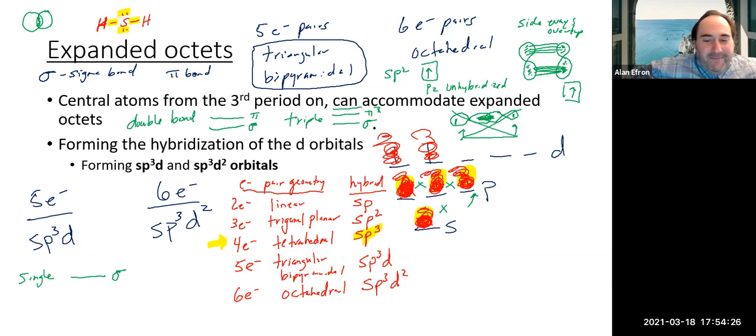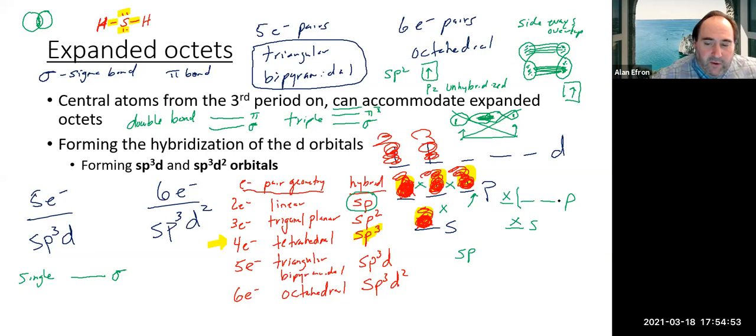A triple bond is made up of a sigma bond and two pi bonds. That's because when you get to a triple bond situation, you're going to probably be in an sp hybridization. And what that means, if you're in an sp hybridization, is you are essentially just doing this guy and this guy.